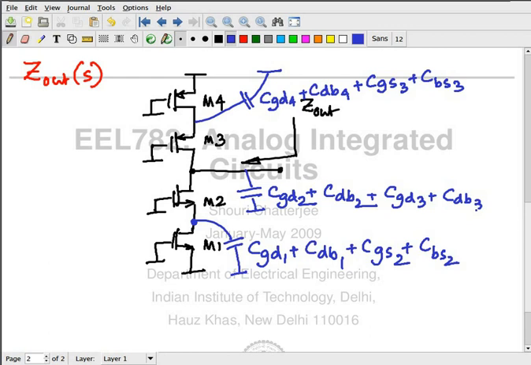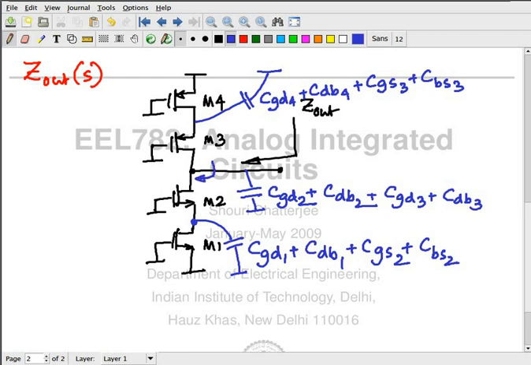Okay? So now you look in from outside and look downwards. First of all, you have already got a capacitor at the output node. Leave that aside. Okay, let's look in further.